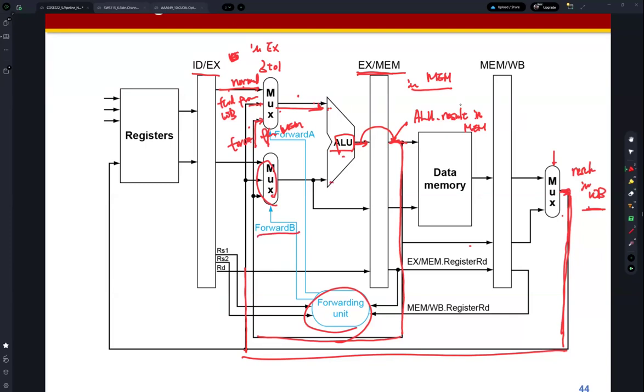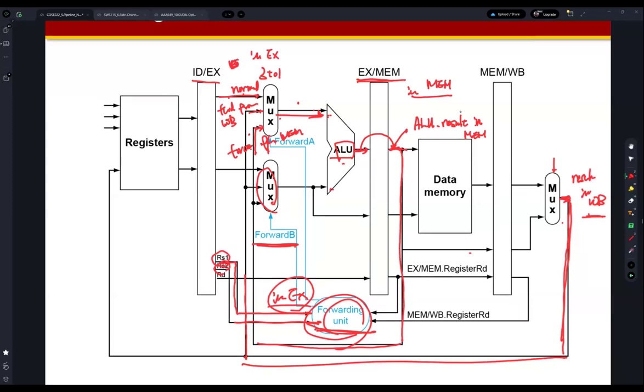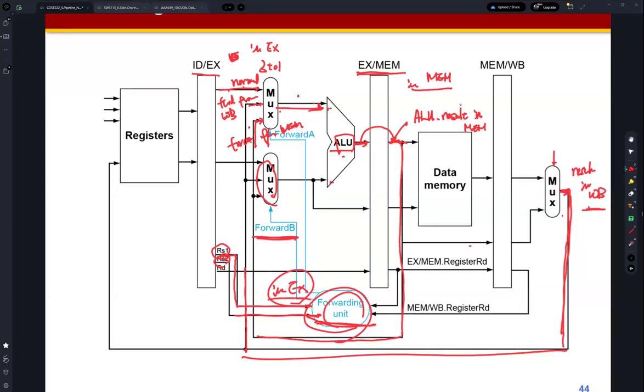So you can find the forward B. The forwarding unit just checks the equality of RS1 and RS2 in the EX stage, because the forwarded data is required when the target instruction is in the EX stage.